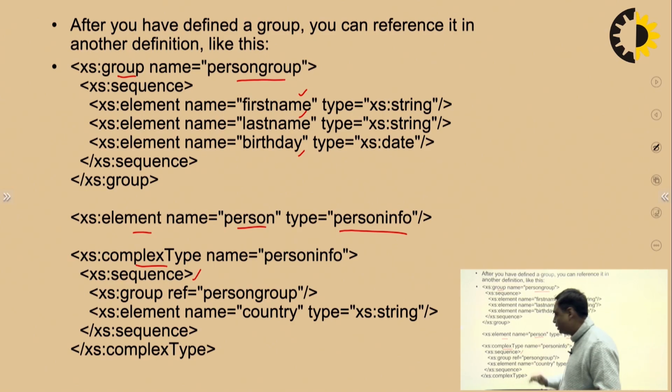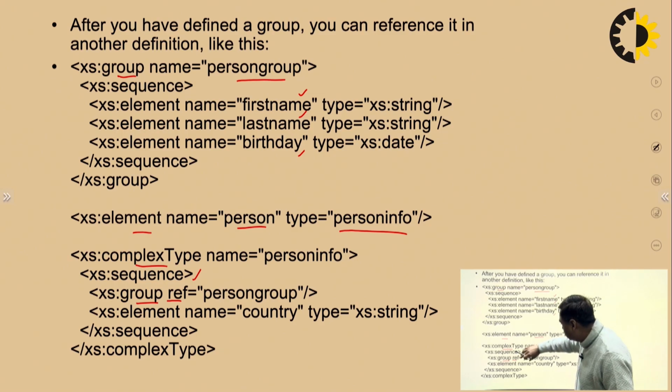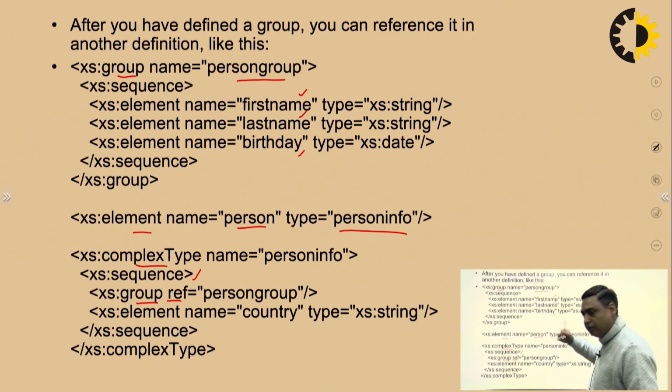Then there is a sequence indicator. Now here we are referring to this group with the help of the ref attribute. The name of the group is person group, meaning whenever we refer to person info as a type, because of this group, these 3 elements are already available.